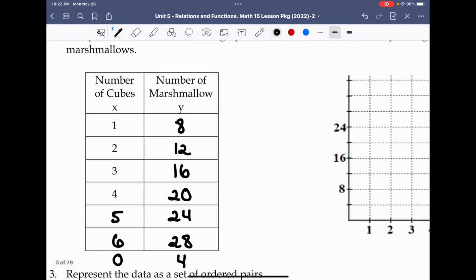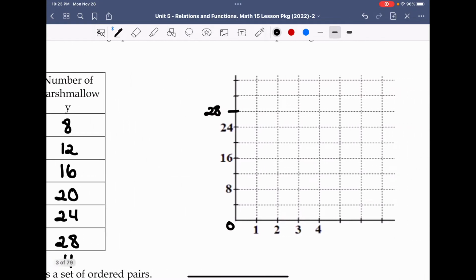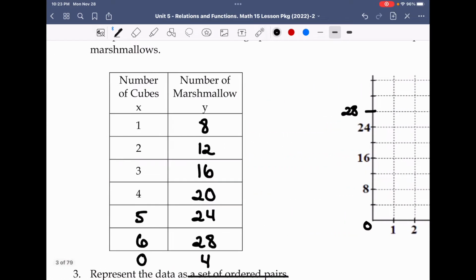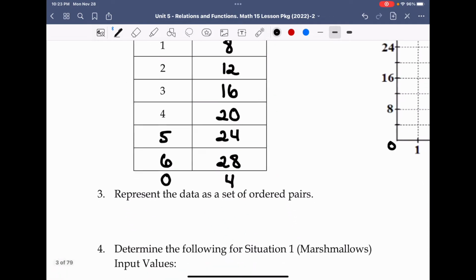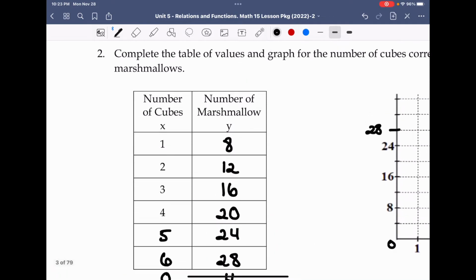Now, let's plot all these points here. So we have 0, we have 28 up here, we had 5 and 6 down here. Now we need to label really accurately which one is our independent and our dependent variable. Our independent variable is always going to be our x value.